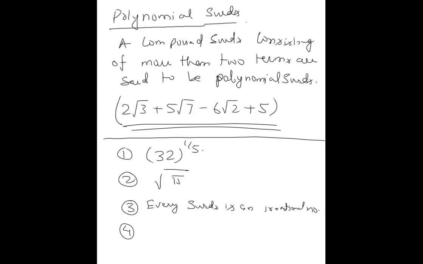Fourth: every irrational number is a surd. Which one is true and which is false, you have to say. I have written two statements, third and fourth.